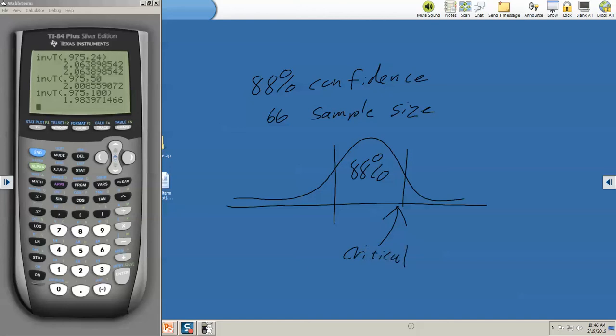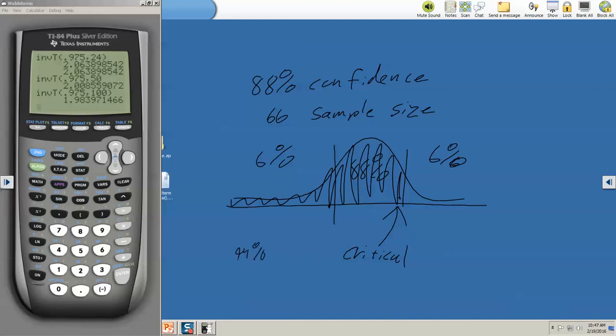But simply putting in 0.88 won't work because our calculator starts on this end and adds everything up. So if this is 88% in the middle, that means that there's 12% on the sides, on the tails, which means each tail is 6%. So the number that I actually want to plug in, because I want it to take the 6% that's right here, and then the 88% that's right there, is 88 plus 6, or 94%.